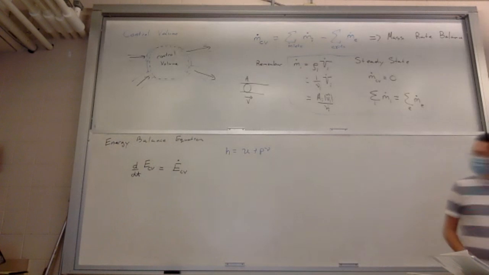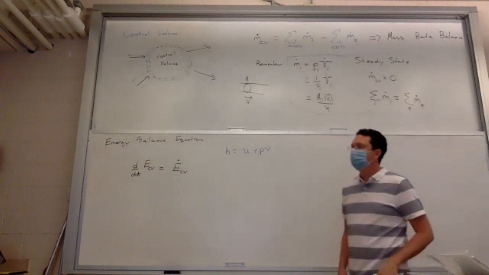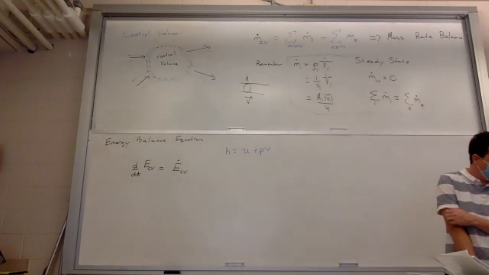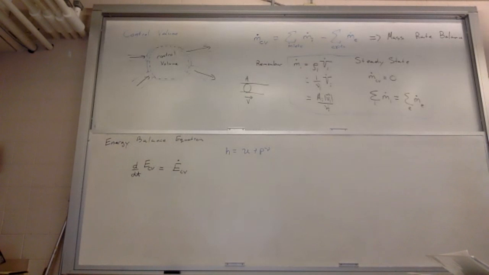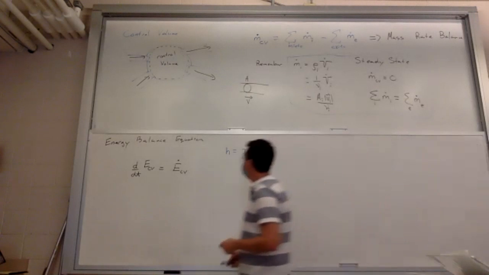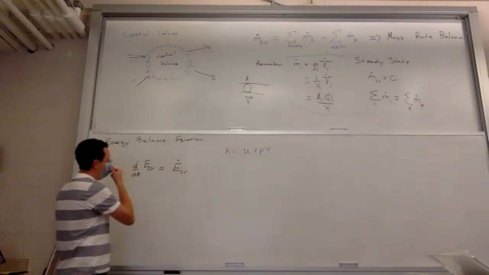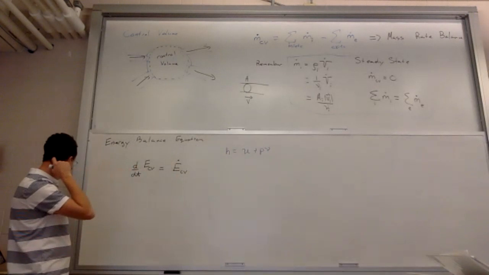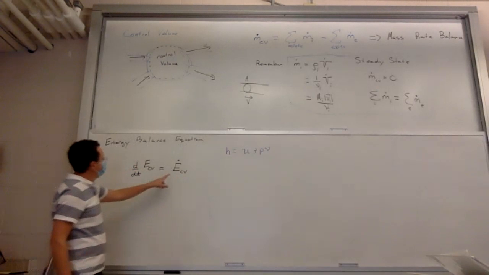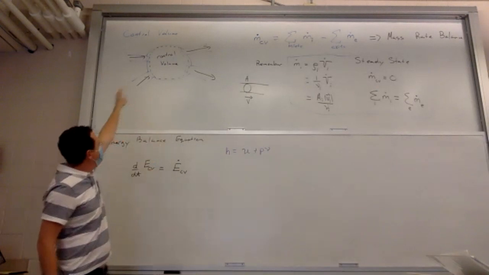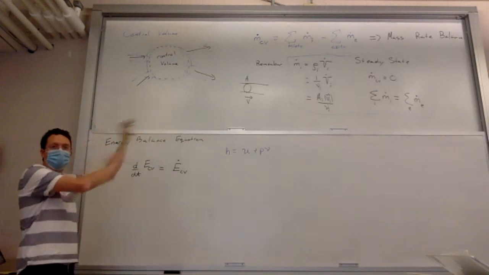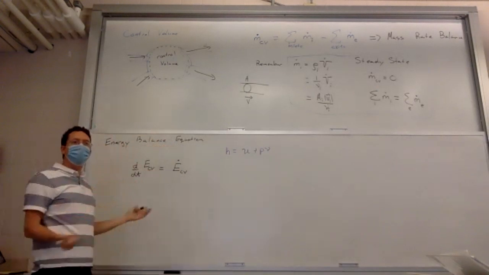Okay, so these are the same. What we want to do then is think about the ways that you have some volume, with mass coming in and mass leaving. What else could be there?